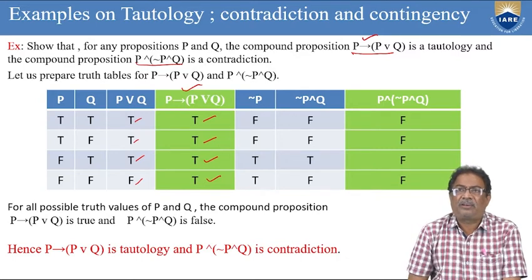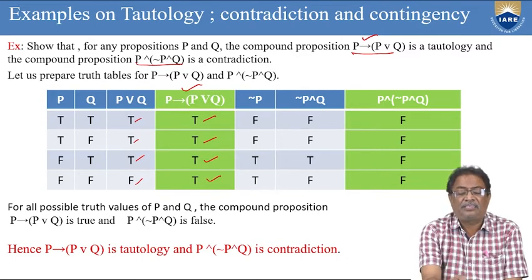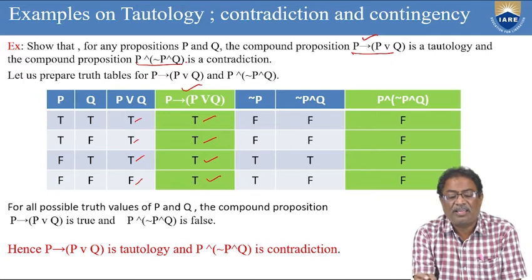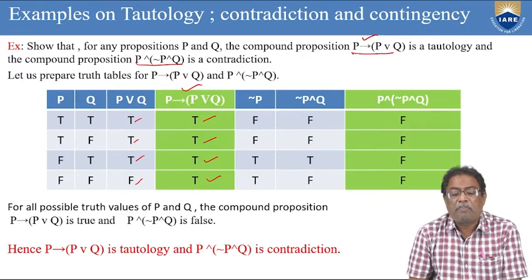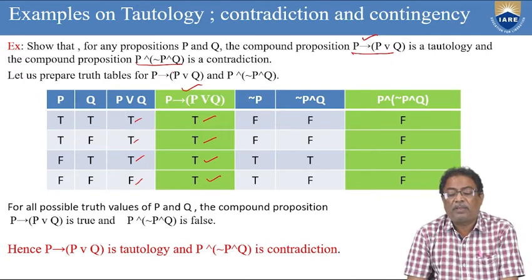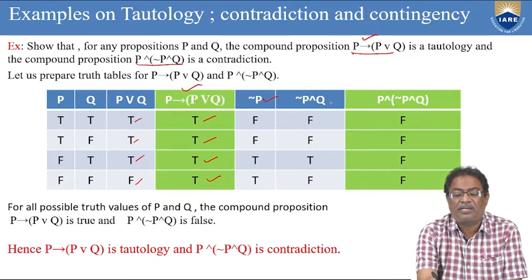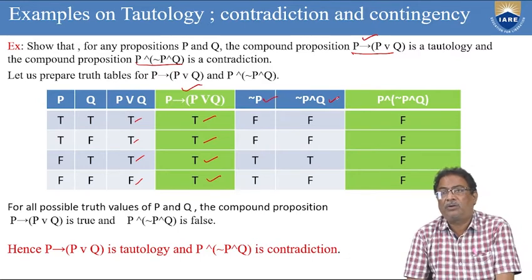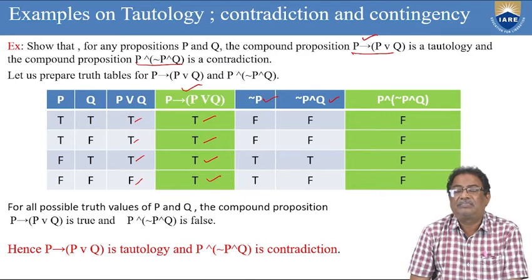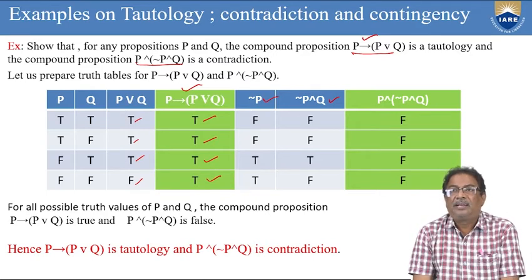And for the rest, here with negation P, the other one is P and negation P and Q. For that, we calculated negation P, and negation P and Q. Then we consider P and (negation P and Q).